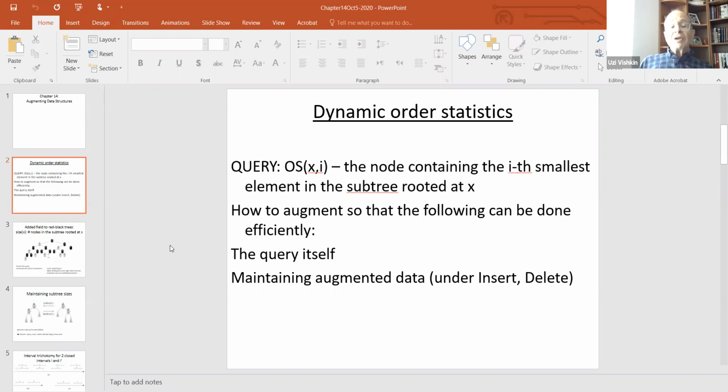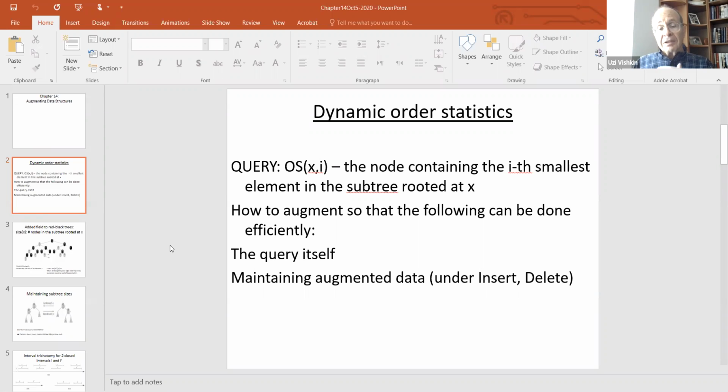Okay, so before, what was a search query? A search query, I would give you a key, and you need to resolve whether the key is there or not. Now I'm asking you a very different question. What is the typical median question? What is the median? Or what is the i-th smallest question? We discussed that before.